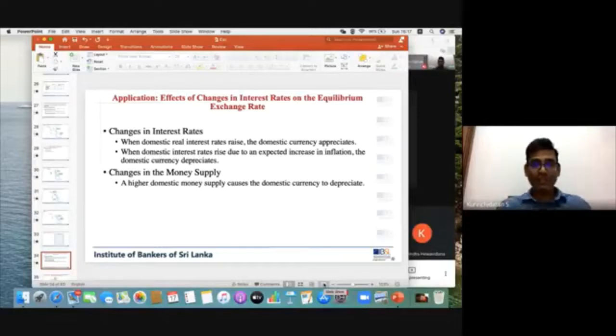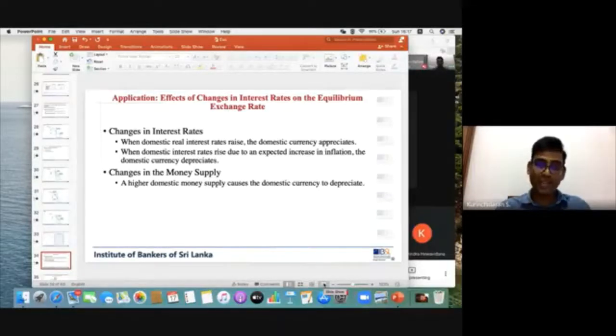And if you assume the money supply is going to change, that means the money supply is going to be higher. That means more dollars will be available compared to the past. Then what will happen? You will have excess dollars. Then automatically your dollar value will come down. That means it depreciates, so the exchange rate is going to be high. Clear?